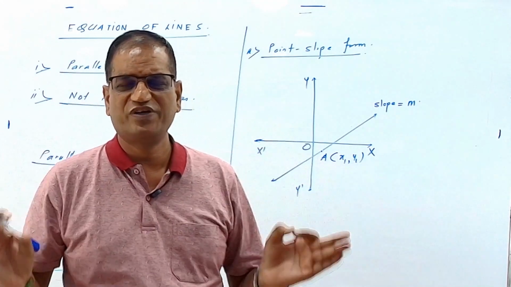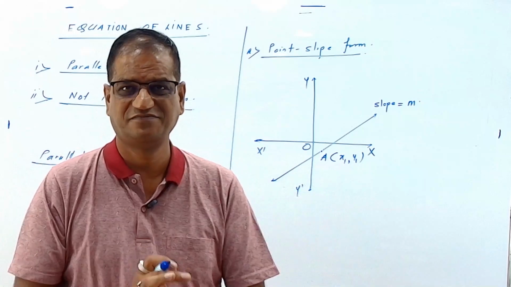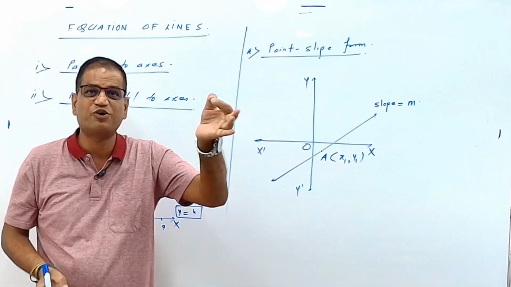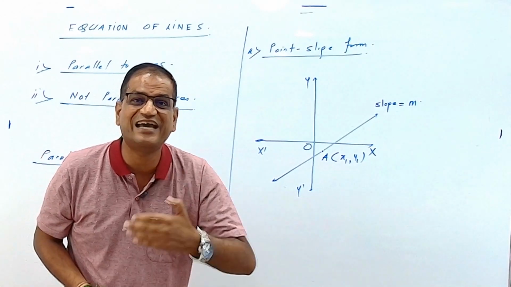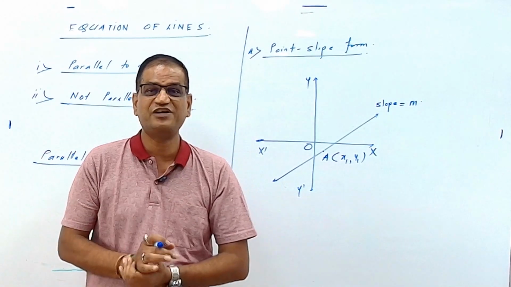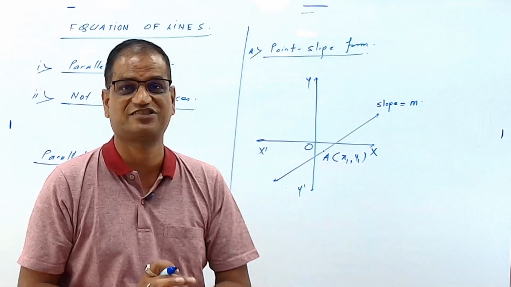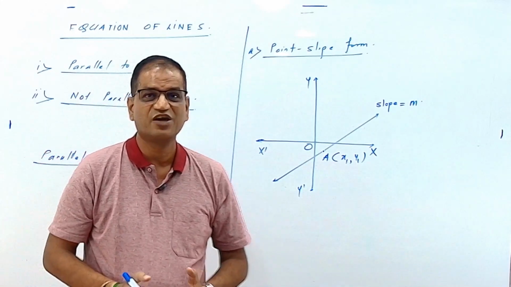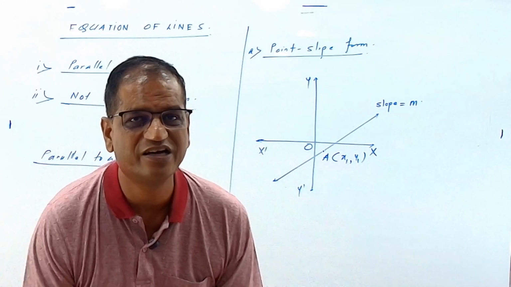Whenever you want to get the equation of a line or any curve, you must take a moving point or a variable point on that particular line having the variable coordinates x comma y. We call that point any point on that particular locus. Locus means a set of points which satisfies certain geometrical condition or conditions.